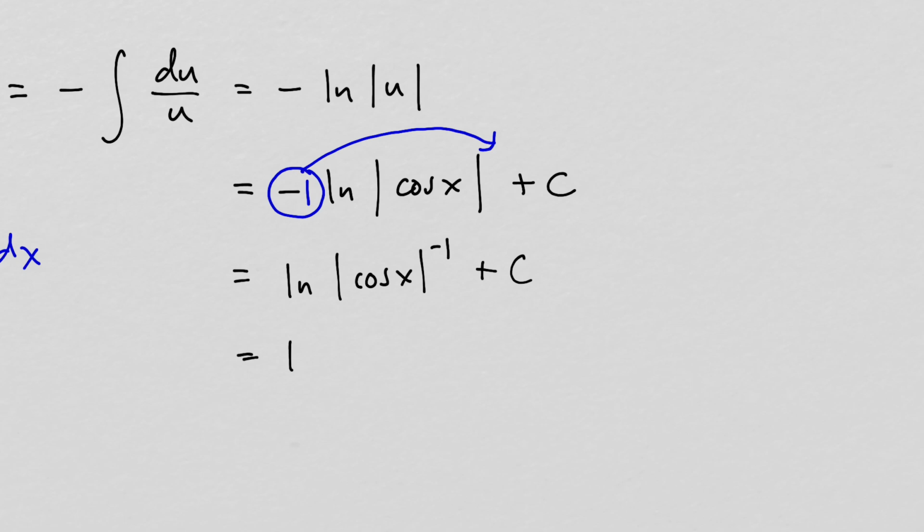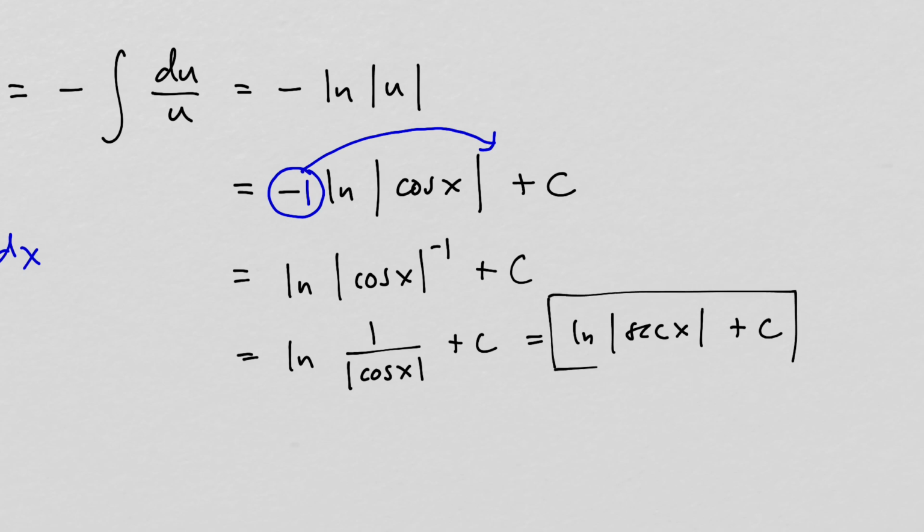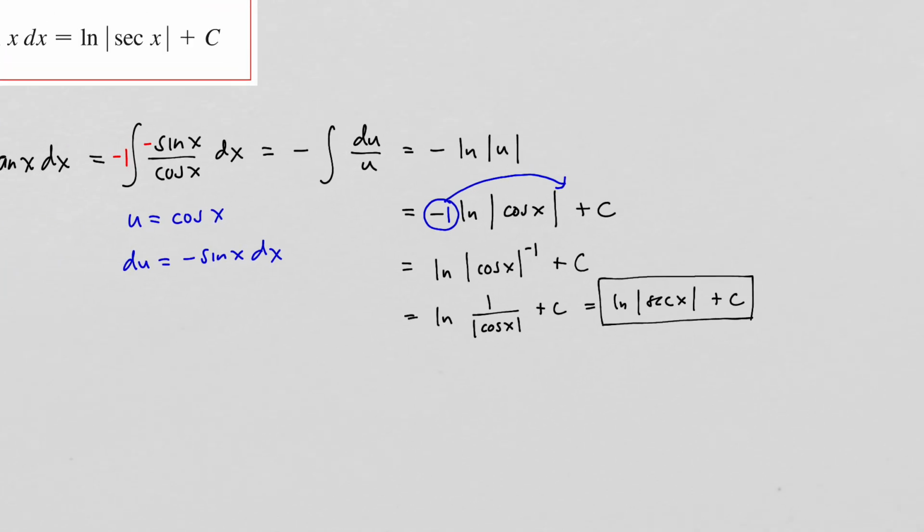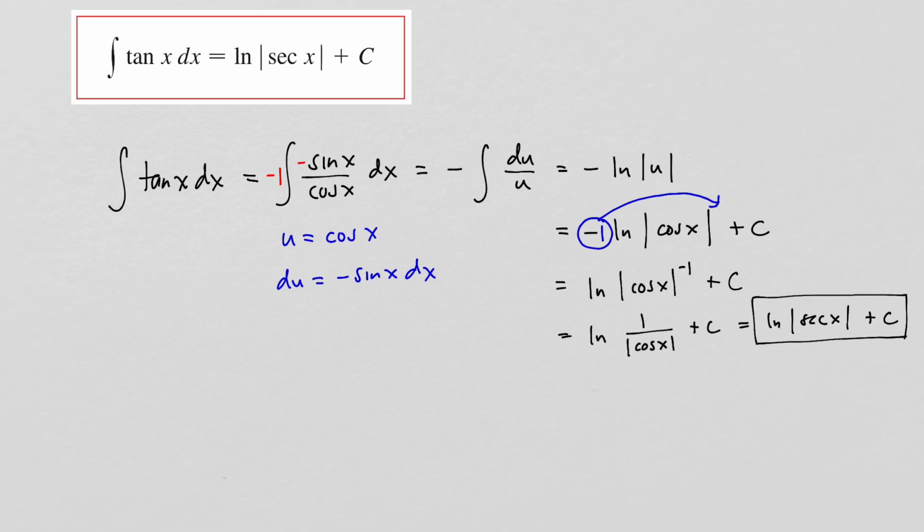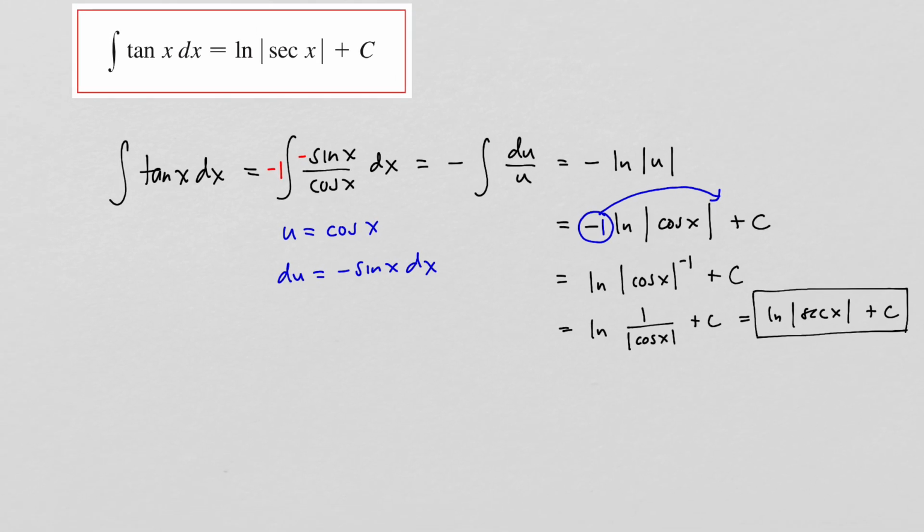But the absolute value of cosine to the negative 1 is 1 over the absolute value of cosine. And that is the same as the natural log of the absolute value of secant, because the reciprocal of cosine is secant. So that is why you get what you get here for the final result. But this is a good one to memorize.